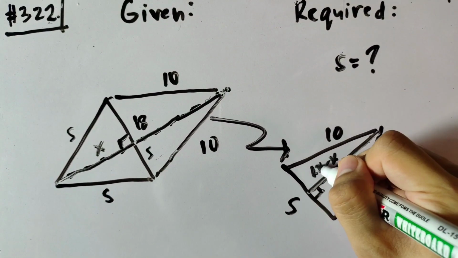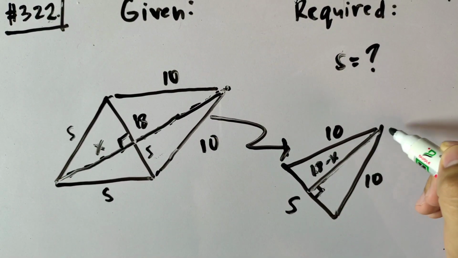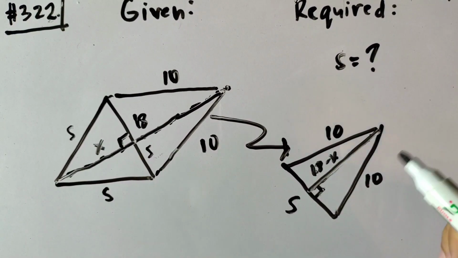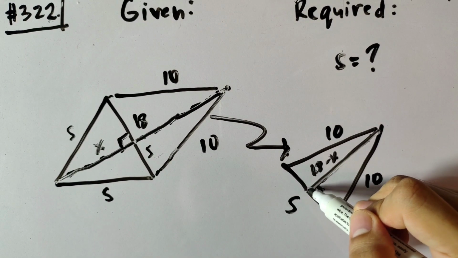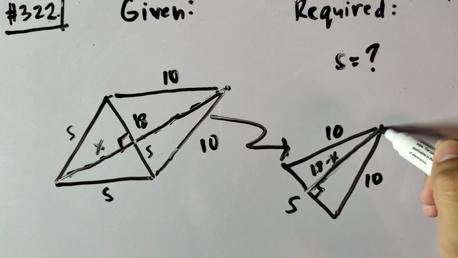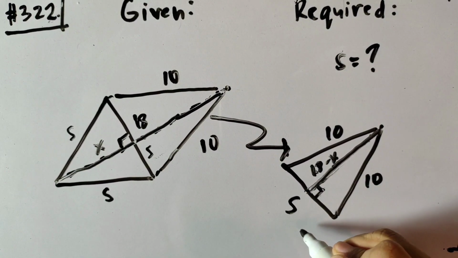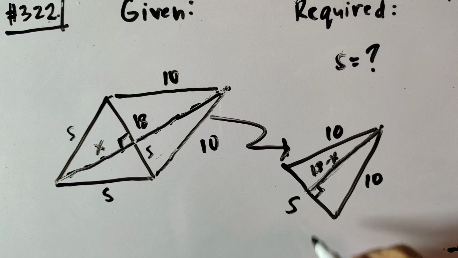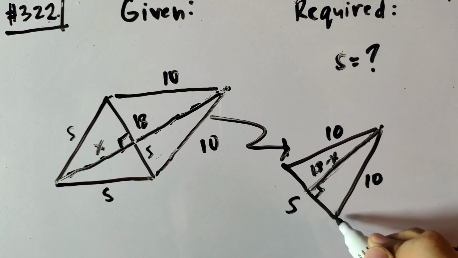18 minus x. So ngayon, since magkakaroon tayo ng dalawang right triangle dito, pwede natin gamitan yan ng Pythagorean Theorem. So consider natin itong maliit na triangle lang na to. Itong kalahati. So pwede tayo mag Pythagorean Theorem dyan. So one side, ito ay s over 2, yung length nito.